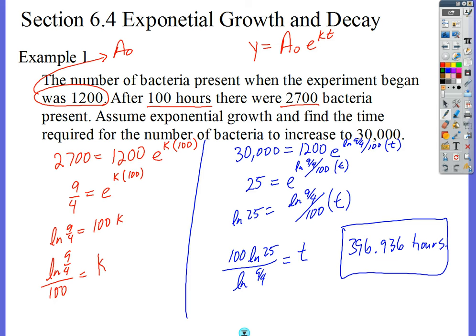Well, if I started 100 hours later and I get to more than double to 2,700, that means another 100 hours later I'm going to more than double 2,700, let's say, to 6,000. Okay, so I'm at 200 hours, I'm at 6,000. Okay, I'm going to go up to 300 hours, and I'm going to more than double again, so I'm going to go to like 15,000.